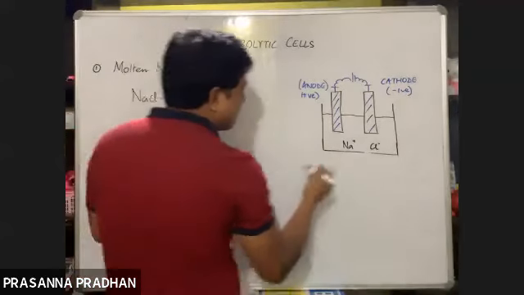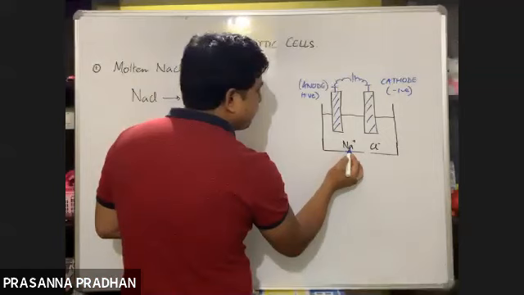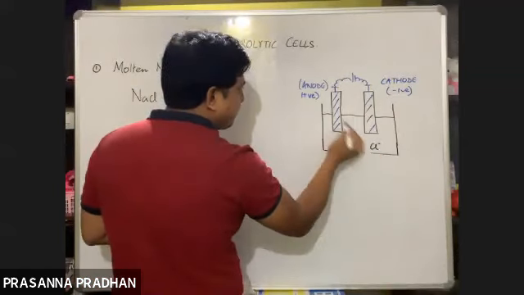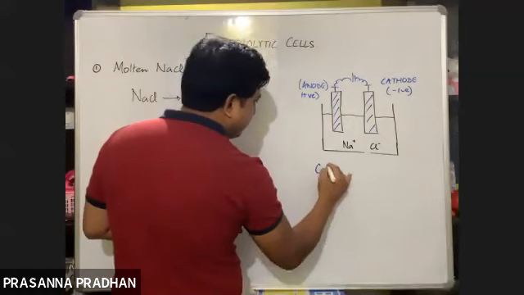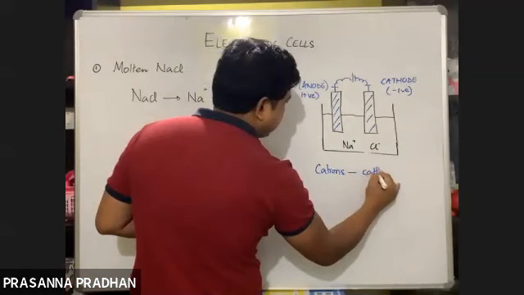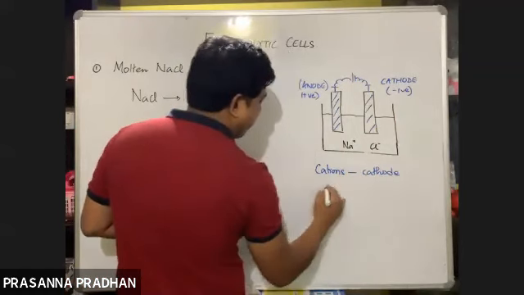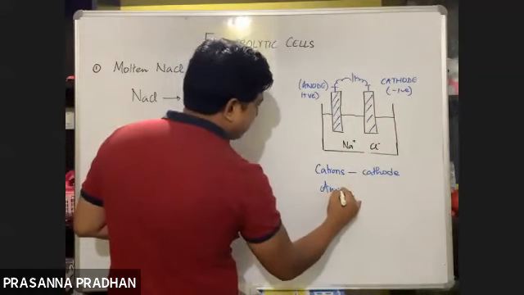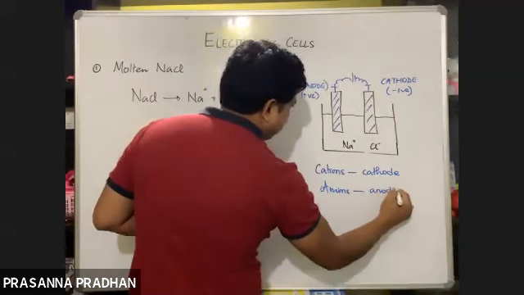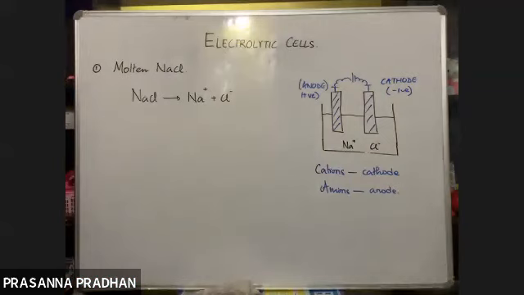So the sodium ions will move towards the negative electrode, that is the cathode, and the anions will migrate towards the anode. It's very easy. Cations migrate towards the cathode, anions migrate towards the anode.